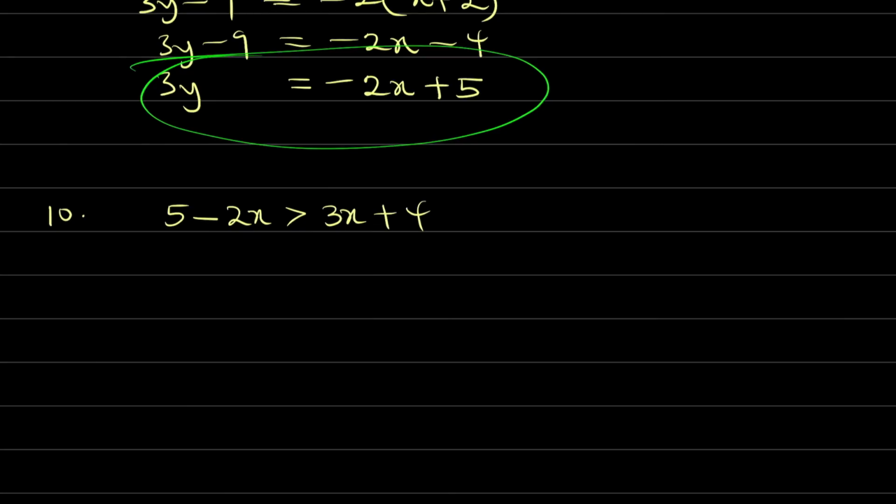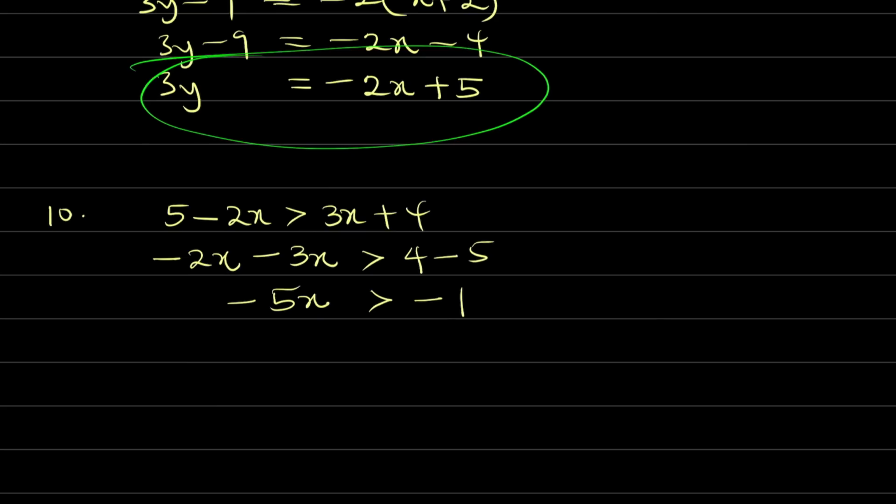So we solve this like a normal linear inequality by bringing all the unknowns to the left hand side. This gives us minus 2x minus 3x is greater than 4 minus 5. With this, we now have minus 5x on the left hand side is greater than minus 1.